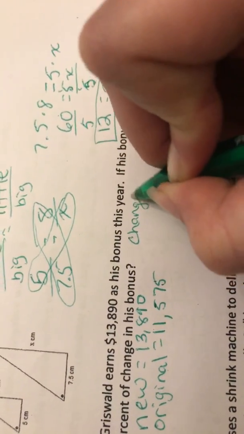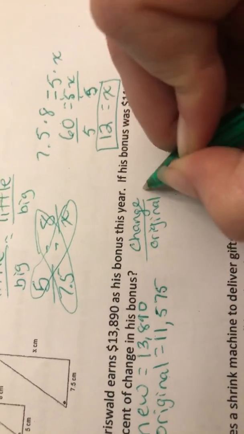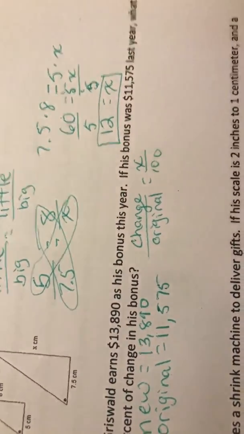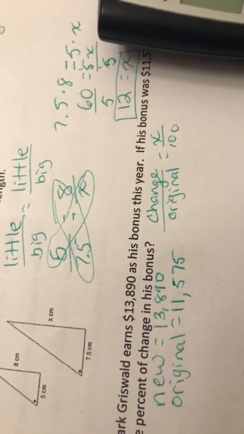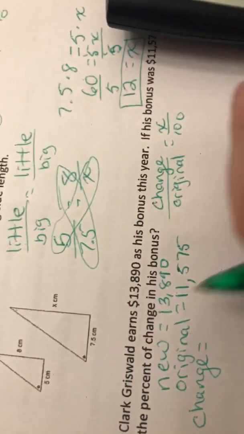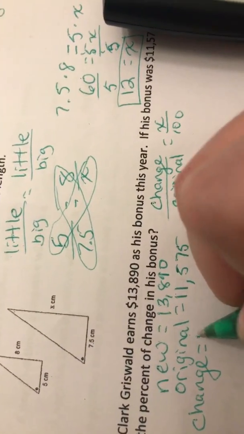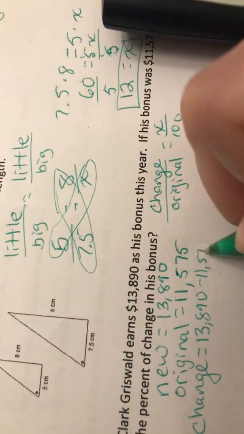And we use the setup change over original equals x over 100. We need to find the change between the new and the original by subtracting. Our change is going to be 13,890 minus 11,575.